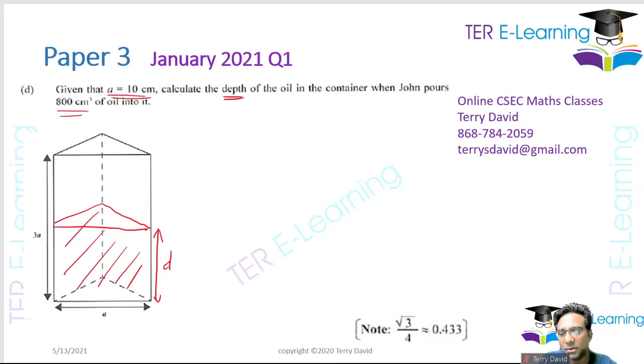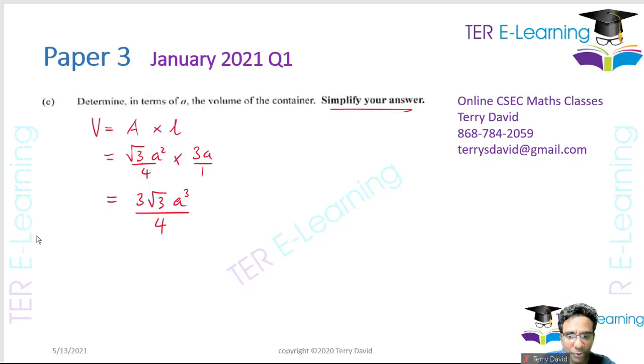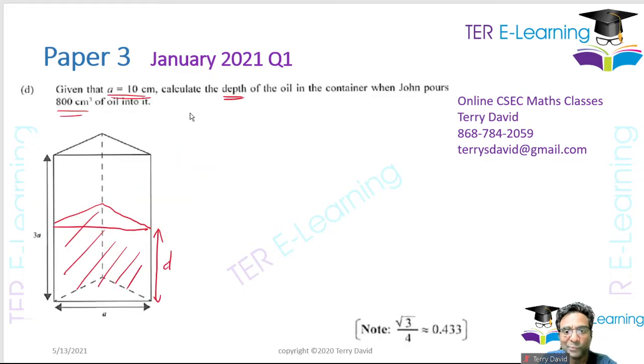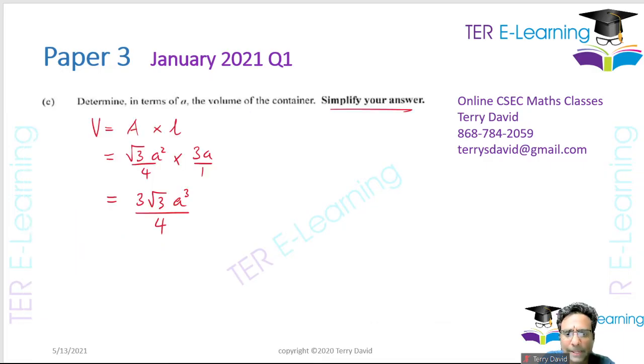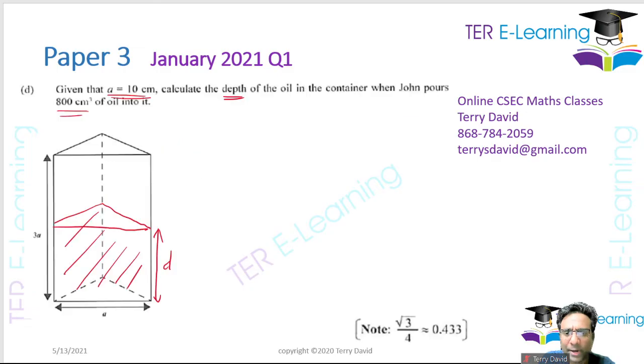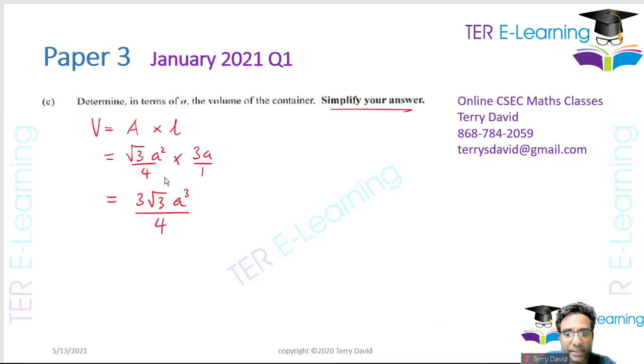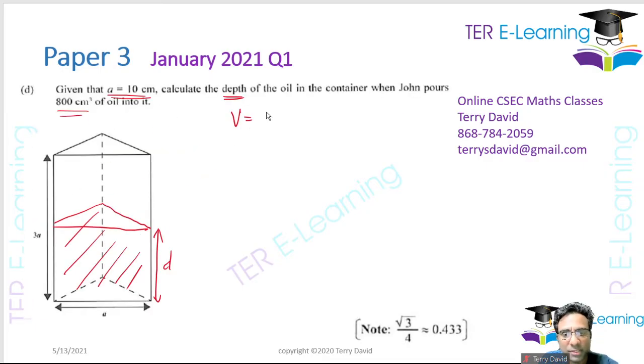Now you just worked out a formula for the volume, which was this, right? So my formula for the volume of the, in this case oil, it's 3 root 3 A cubed over 4, right?